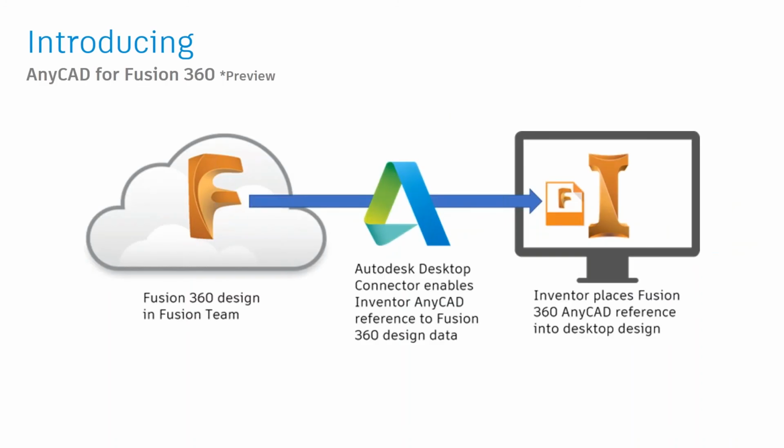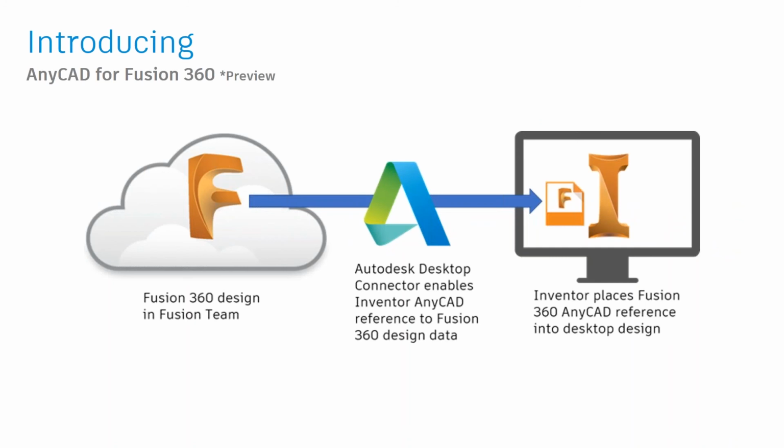But Fusion, Fusion 360, is great CAD software with multiple capabilities inside of it. Inventor is astonishing CAD software, capable of doing stuff that nobody else out there can. But something is missing, or I should say something was missing. So we use the technology, and we are introducing this technology called AnyCAD for Fusion.